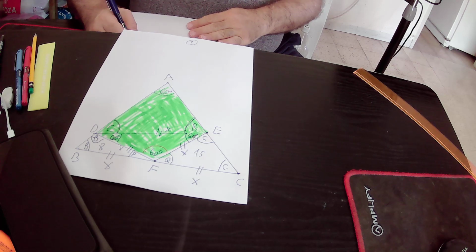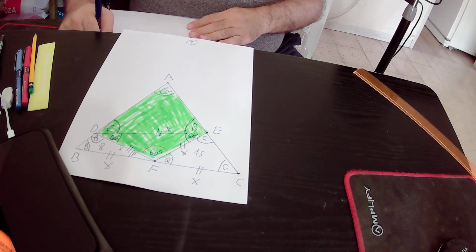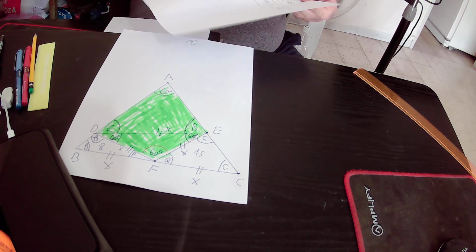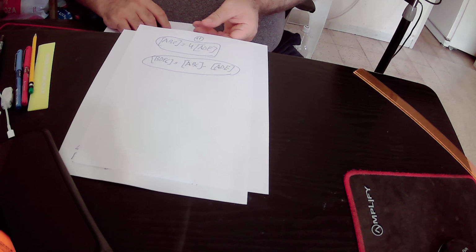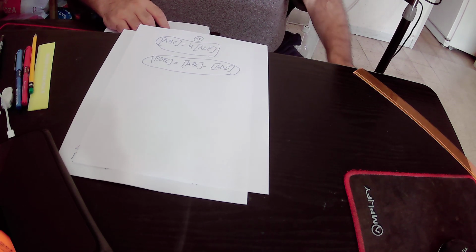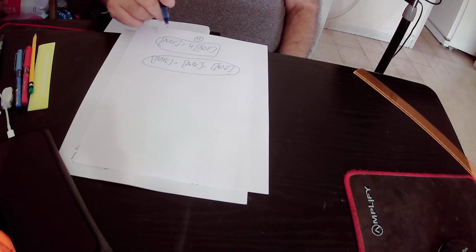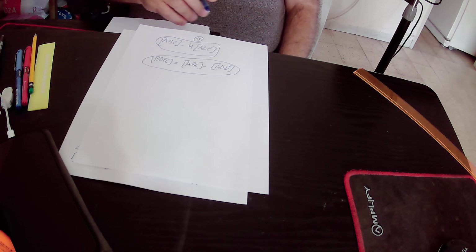Okay, so the area of quadrilateral BDEC equals the area of triangle ABC minus the area of the small triangle, triangle ADE.